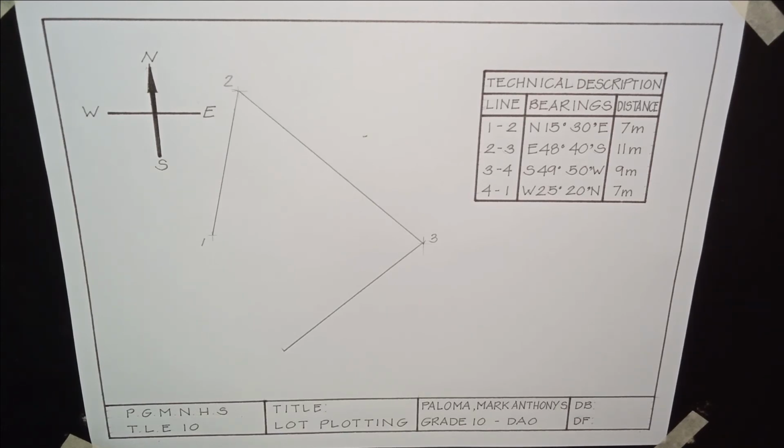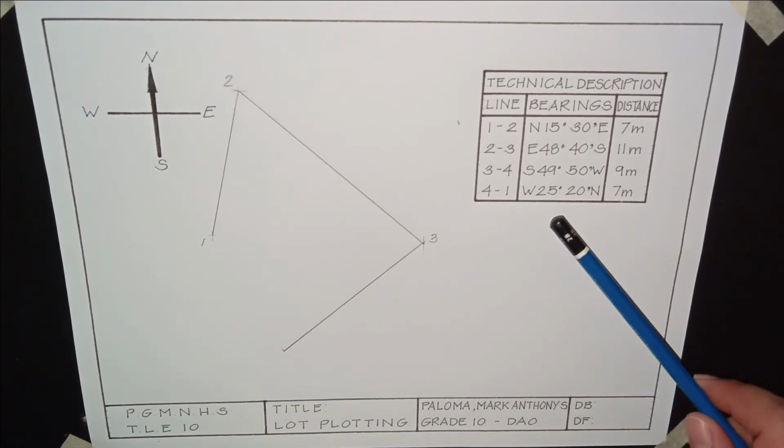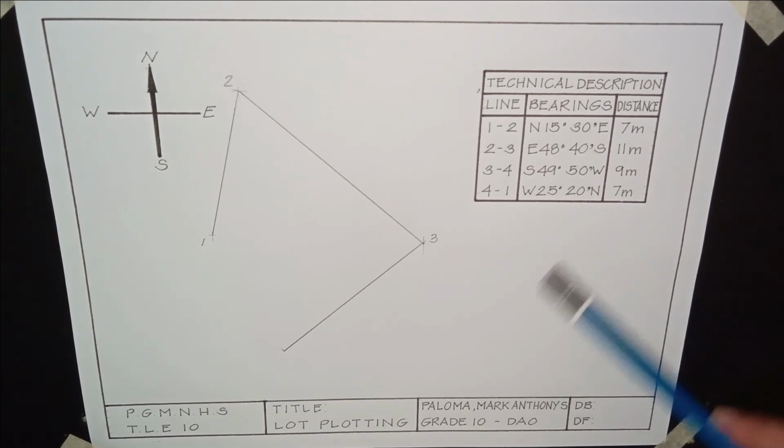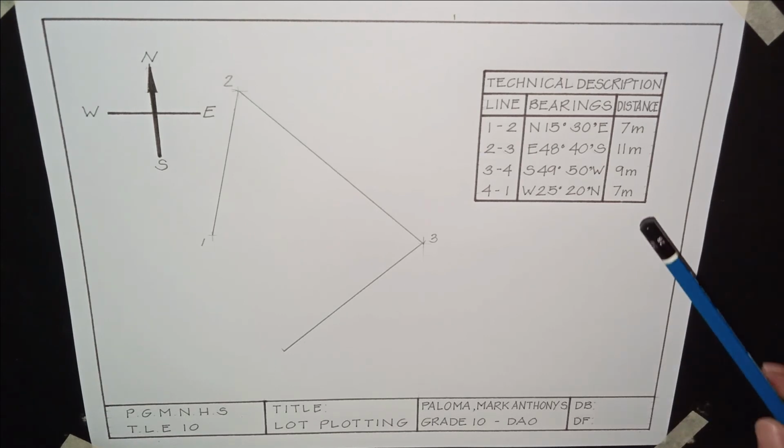And the last line is point 4 to the point of beginning, which is 1, with the bearings of west 25 degrees and 20 minutes north, with a distance of 7 meters, or 7 centimeters if we are using the scale 1 to 100.